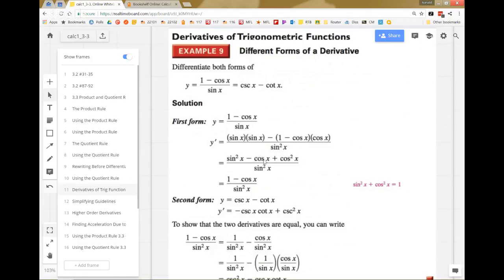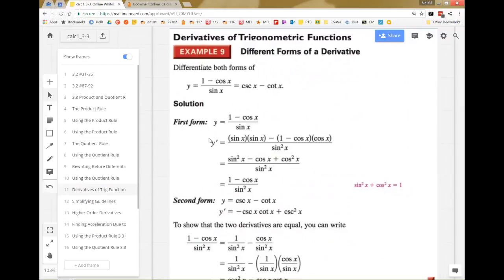Take the derivative using the quotient rule. Denominator, sine x, times derivative of numerator. Well, what's the derivative of 1 minus cosine? The derivative of 1 is a constant, so that's nothing. And the derivative of the cosine is minus the sine. So what's the derivative of minus the cosine? Positive the sine. Minus, so denominator times derivative of numerator minus numerator times derivative of denominator.